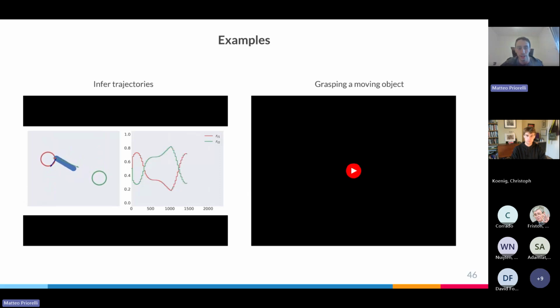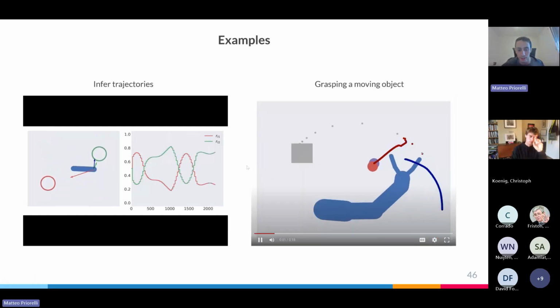And you see that even within a single discrete time step, the agent is able to infer these trajectories dynamically.